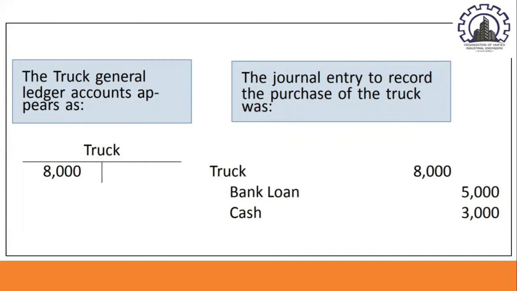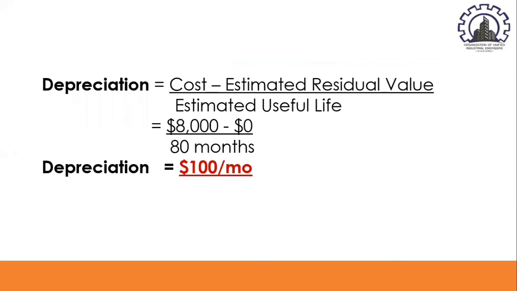At January 31st, 1 month of the truck cost has expired since it was put into operation in January. Using the straight line method, depreciation is $8,000, the purchase price of the truck, minus $0 residual value, divided by the 80 months estimated useful life, and therefore our depreciation is $100 per month.